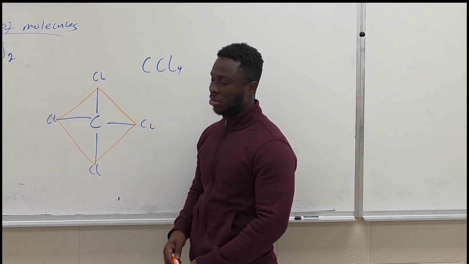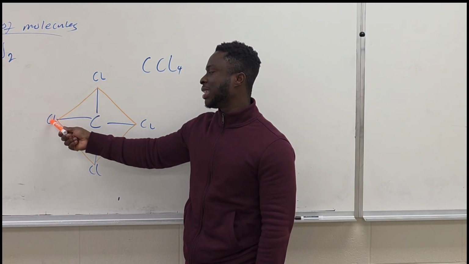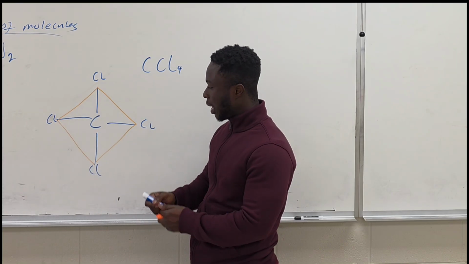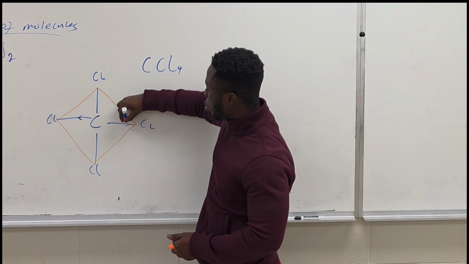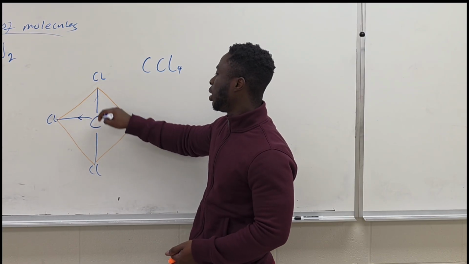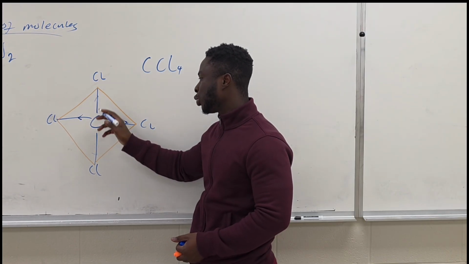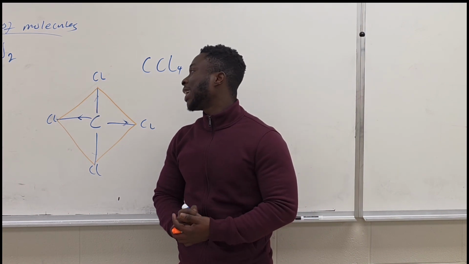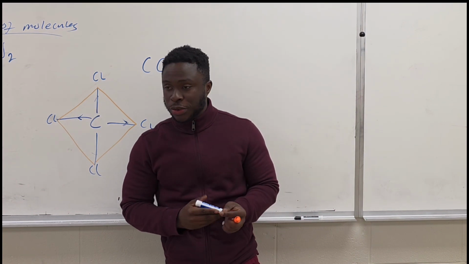cancel out, right? Some partial positive charge will be pulling this way, and then one will also be pulling this way, so this one will cancel this one out, and one will be pulling up and the other one will be pulling down, so they will both cancel each other. So that is the polarity of a compound.